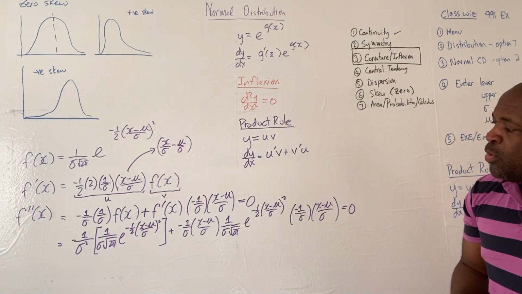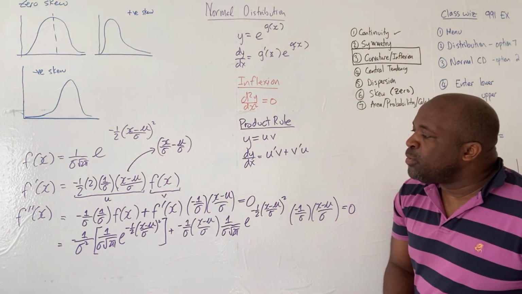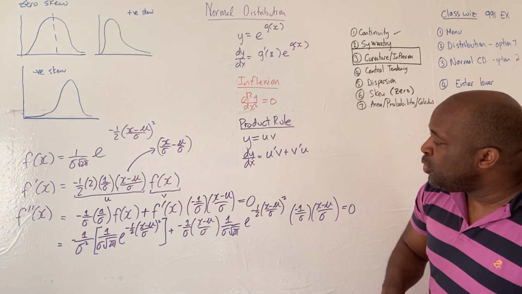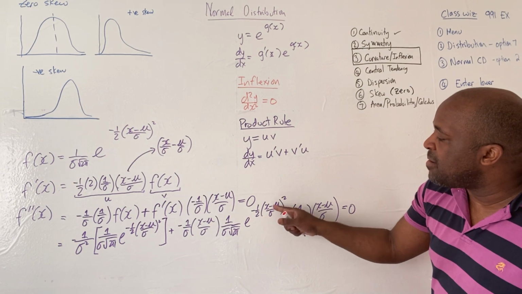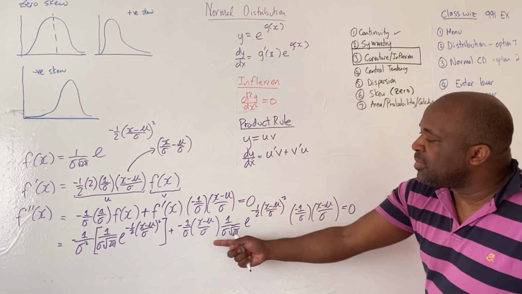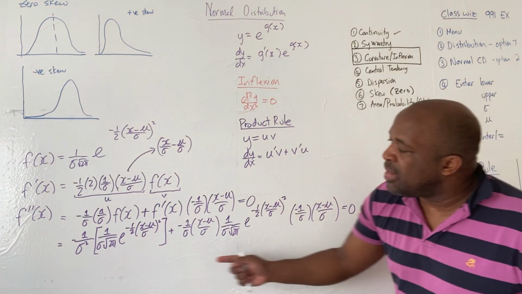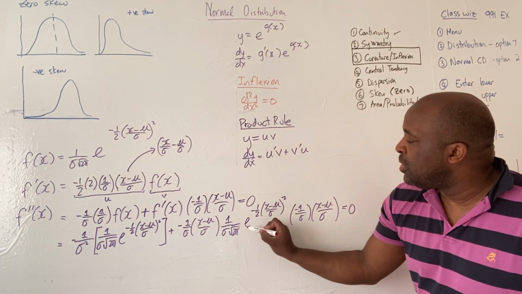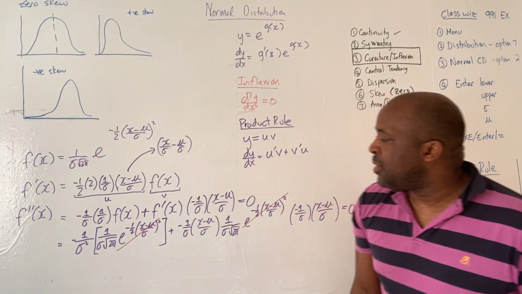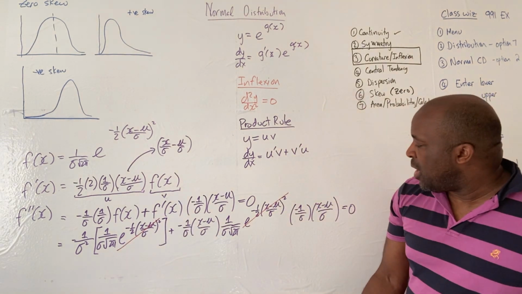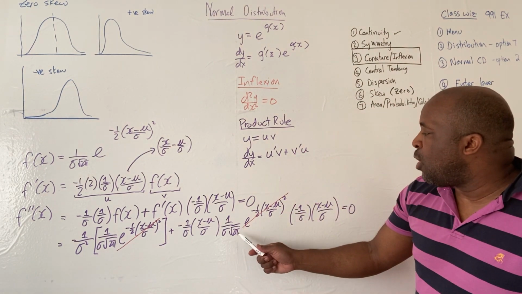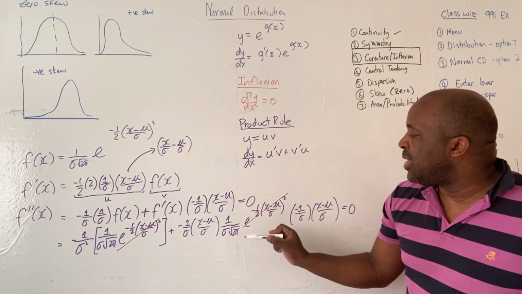So at this point, what we'll be looking for is an opportunity to simplify where possible. Notice that e to the minus a half x minus mu over sigma all square is common to this arm of the expression as well as this arm of the expression. So we can cancel here and we can cancel there. Notice as well that 1 over sigma root 2 pi is also common to this as well as to that.